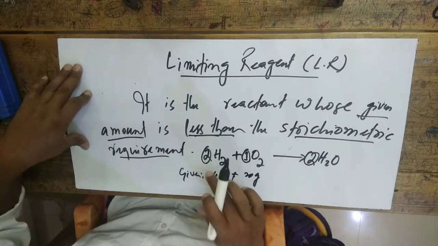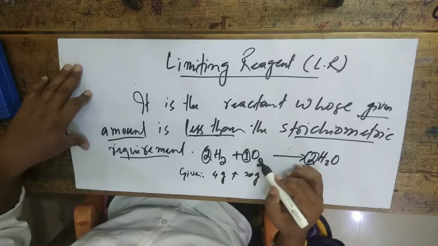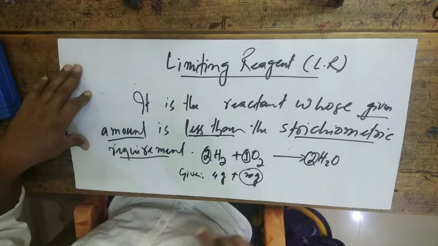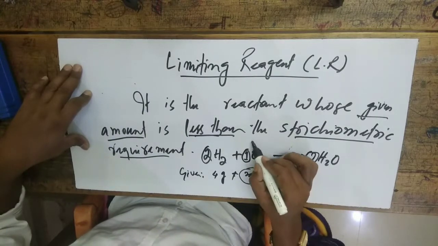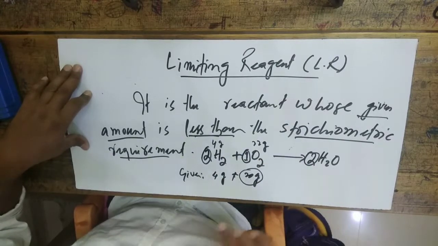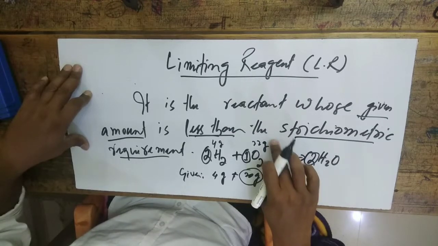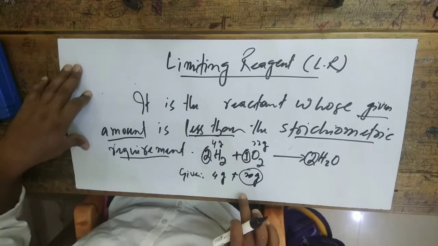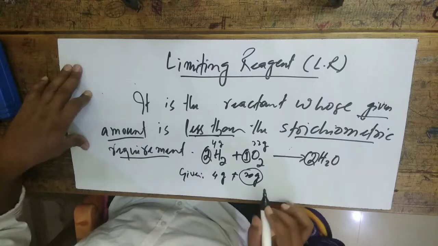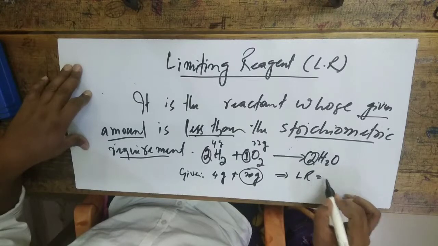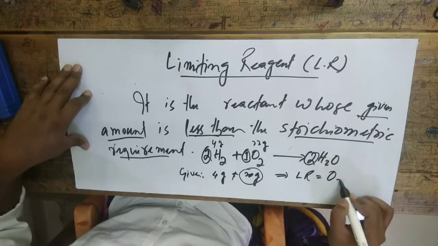Since 4 gram of hydrogen will require 32 gram of oxygen, but here only 20 gram of oxygen is given, so given amount is less than the stoichiometric requirement. This implies the limiting reagent in this particular case is oxygen.